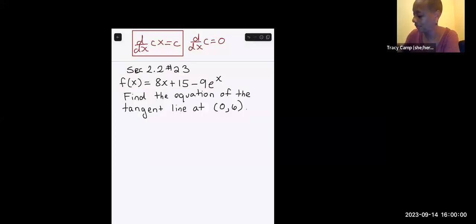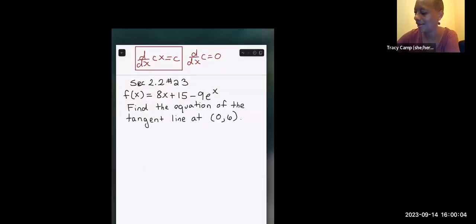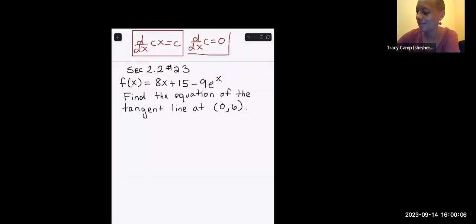Three, the derivative of e to the x is just e to the x. Those are the three derivative rules we'll use for this problem.